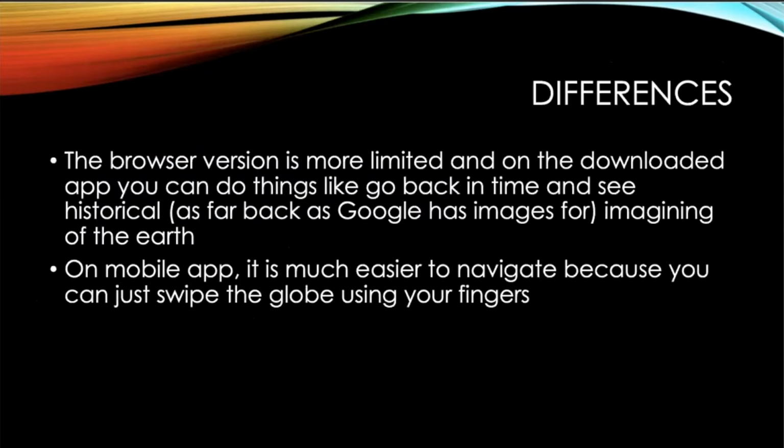As for the differences, the browser version is more limited, but on the downloaded app on cell phones, tablets, and iPads, you can go back in time and see historical imagery of the Earth, as far back as Google has images for.